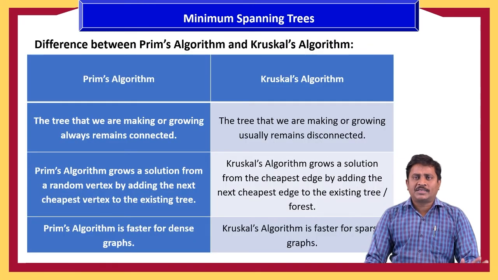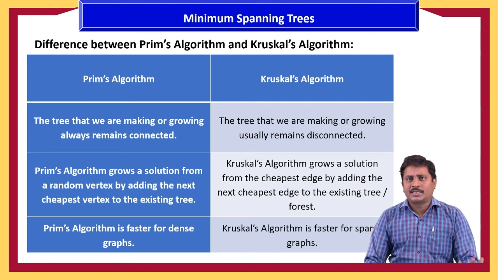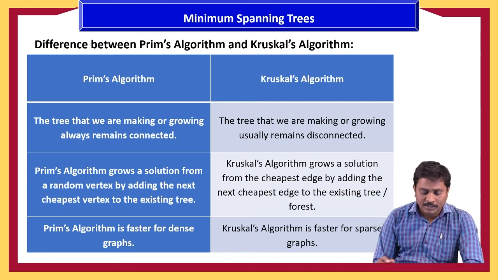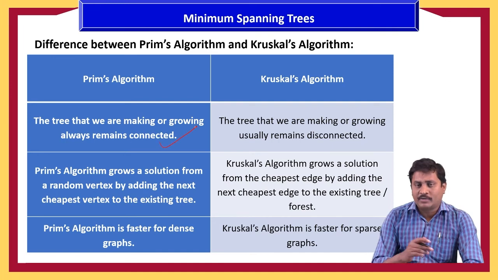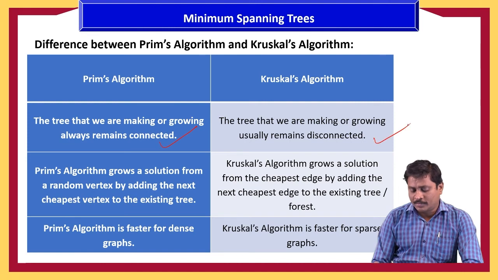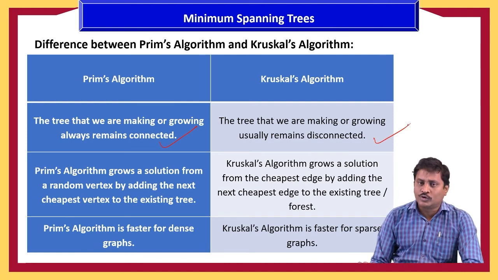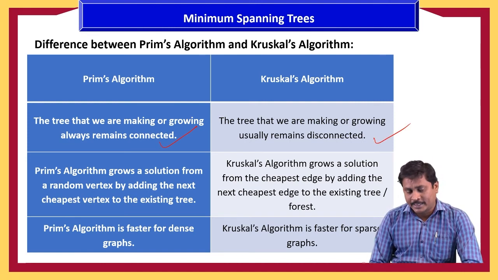Next, what are the differences between Prim's and Kruskal's algorithm? In Prim's algorithm, the tree that we are growing always remains connected, whereas in Kruskal's algorithm, the tree that we are growing usually remains disconnected.